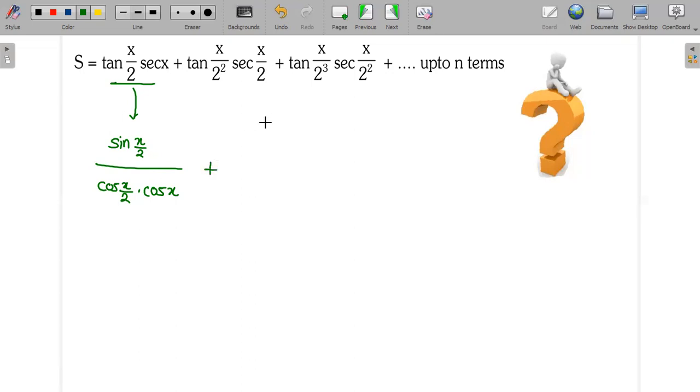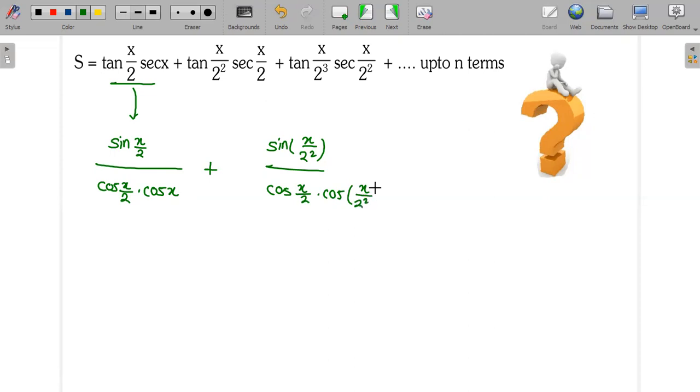As you can see in the other one, if I convert these trigonometric ratios into sine and cosine, I get sine x over 2 squared divided by cosine x by 2 times cosine x by 2 squared.